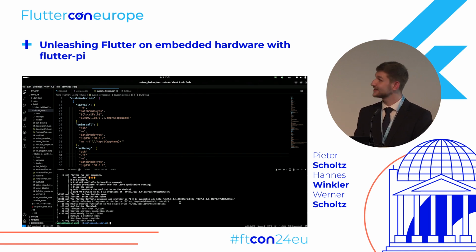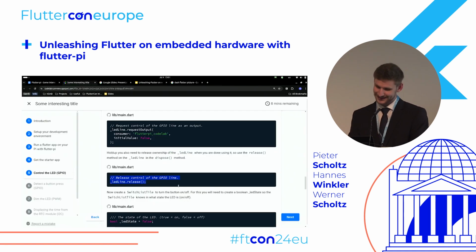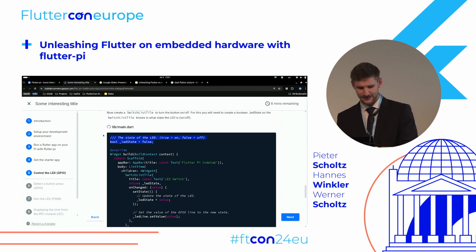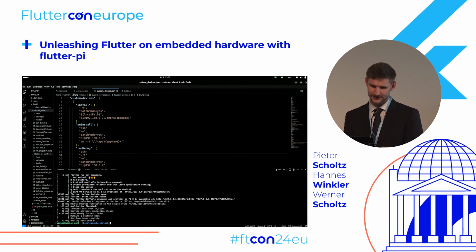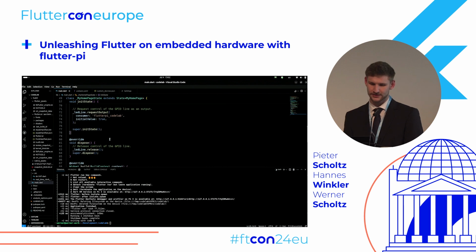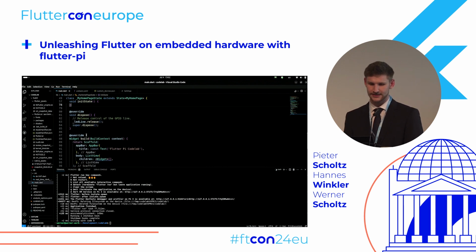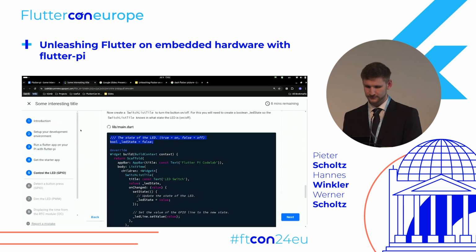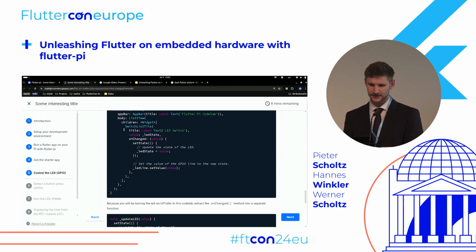So let me see if I can get that to work. I'll just add a little bit of state, Boolean, to keep track of what state the LED is in. And a switch list tile.